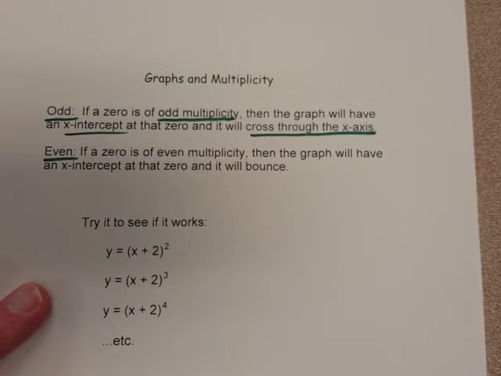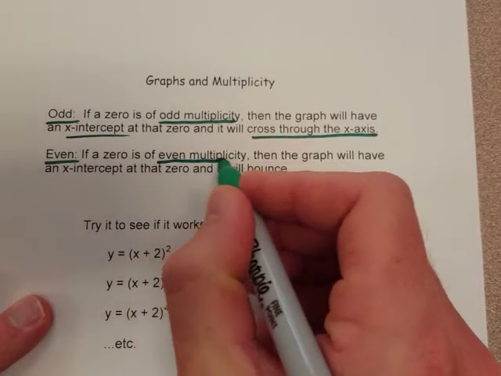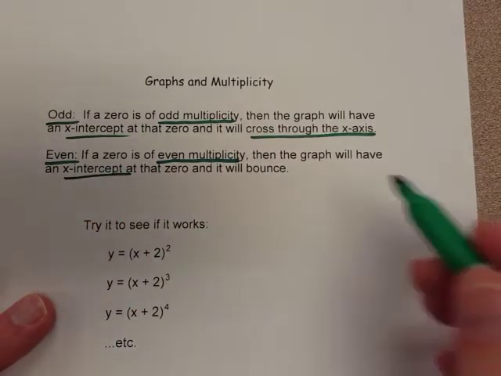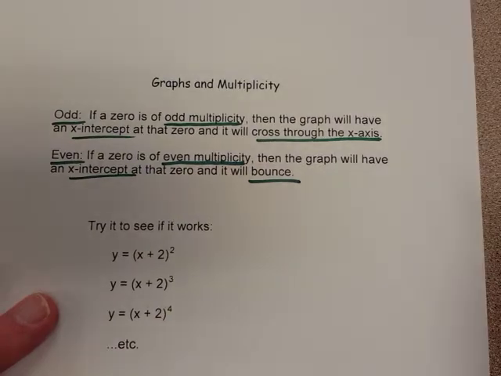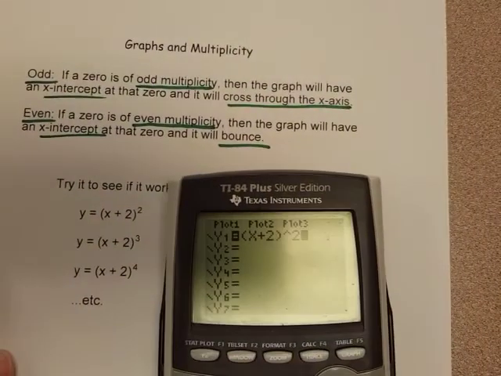So it'll cross through the x-axis if it is an odd multiplicity. Even's a little bit different. When we have even multiplicity, then the graph where it has the x-intercepts will bounce, and so it'll come down and touch it in one spot and then it'll bounce and go the other direction. So we'll see how that works by looking at some specific examples on the graphing calculator.